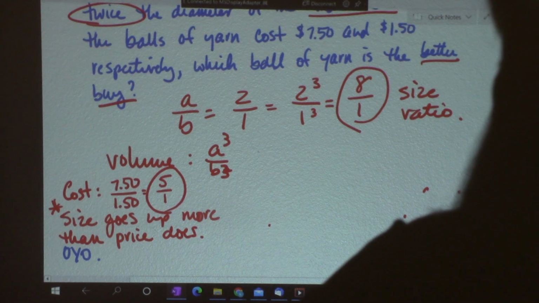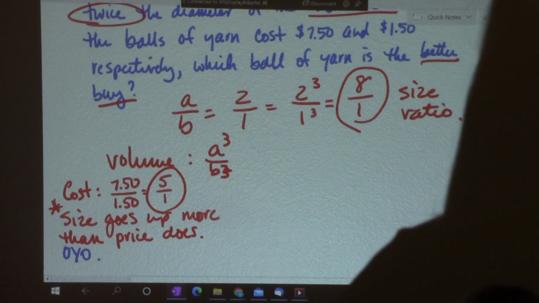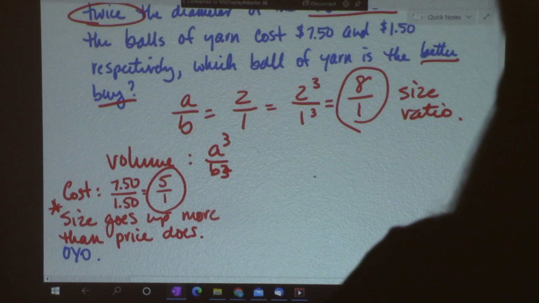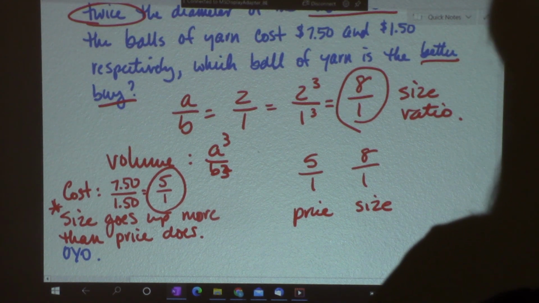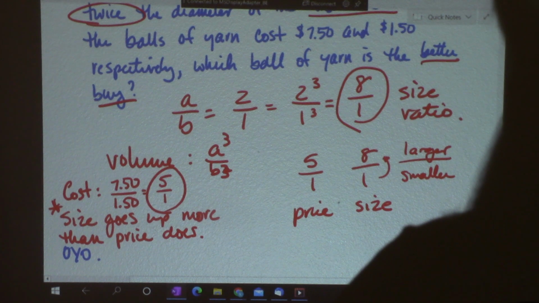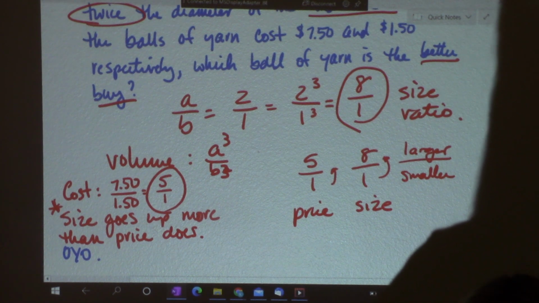I know you probably get it, but I'm just going to repeat myself again just because it's good to hear it and maybe somebody else needs to hear it. So I've got 5 over 1 for price, and I've got 8 over 1 for size. So do you see, when I'm going from smaller to larger, the size increase is bigger.